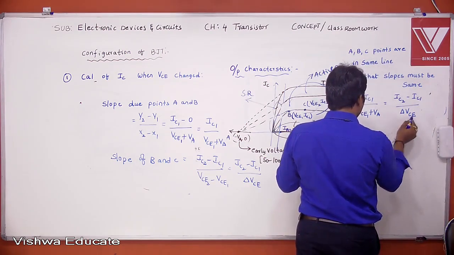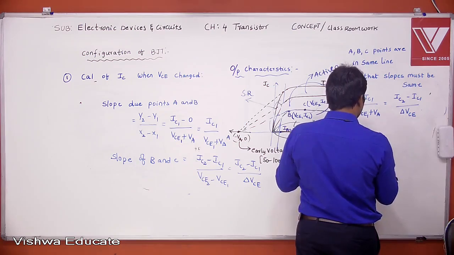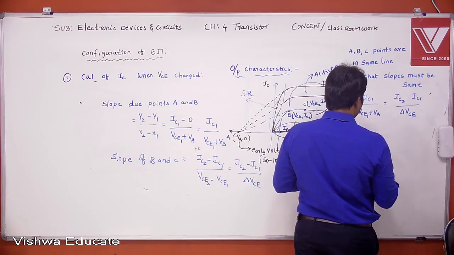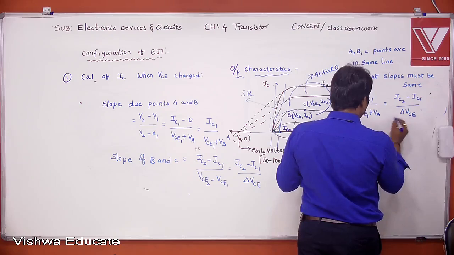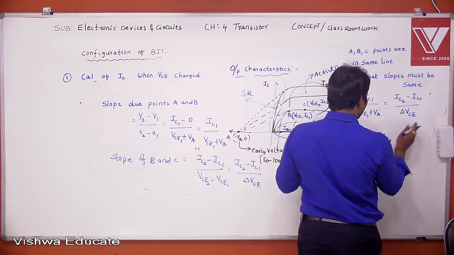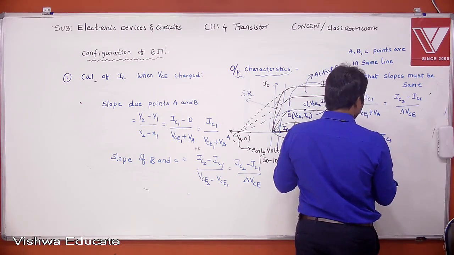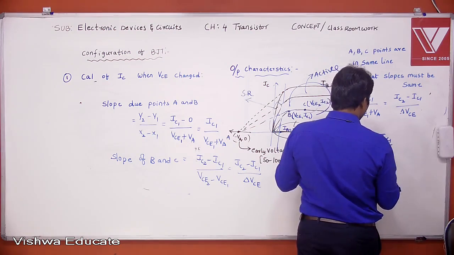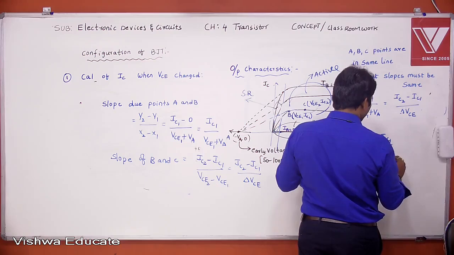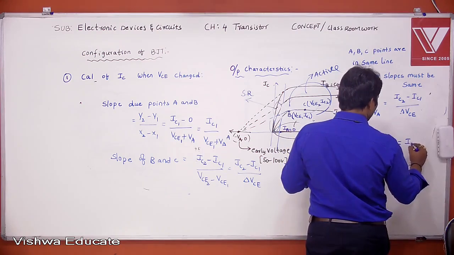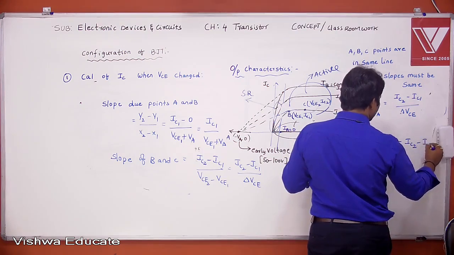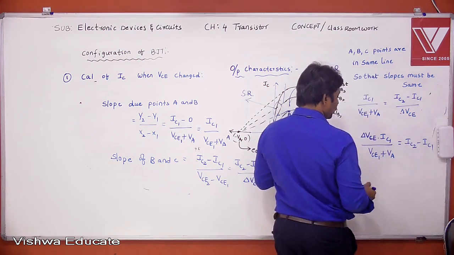Now, I am rearranging this equation actually: delta VC into IC1 by VC1 plus VA equal to IC2 minus IC1, right?